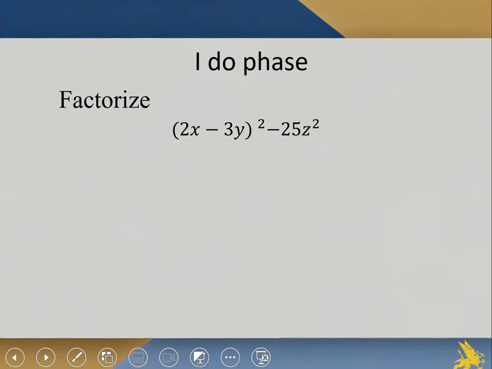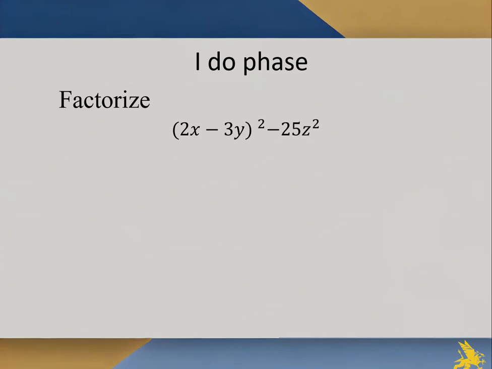Moving along now. So this connects into the rules we have learned before when we were going the opposite way. So if I've got 2x take away 3y squared minus 25z squared, this is where we can use the difference of two squares.